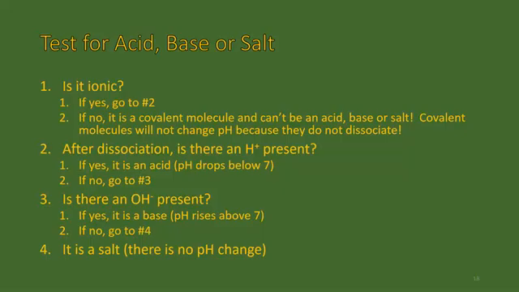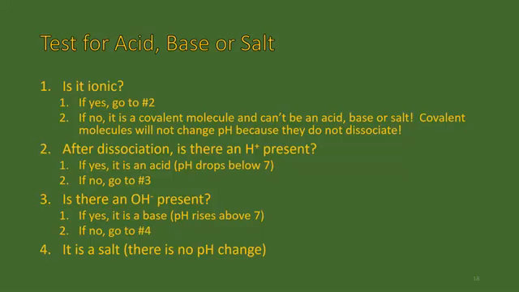So how do you figure this out? The first question you need to ask yourself is, when you're looking at a molecule like NaCl or HCl, determine if it's ionic or not. One of the easiest ways to tell if it's ionic is covalent molecules in biology tend to have carbon, oxygen, or nitrogen in it. If it doesn't have any one of those three, it's usually ionic. If it is ionic, go to number 2.